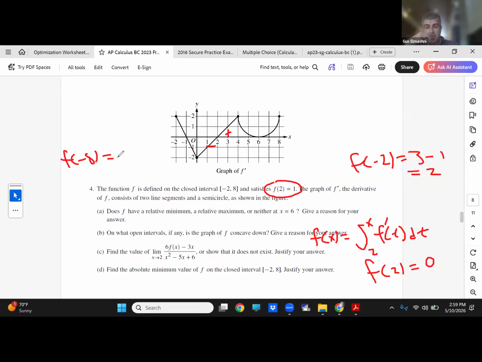And you have to state the value itself, not just what x coordinate it is. Yeah, I believe you're correct, Angela.